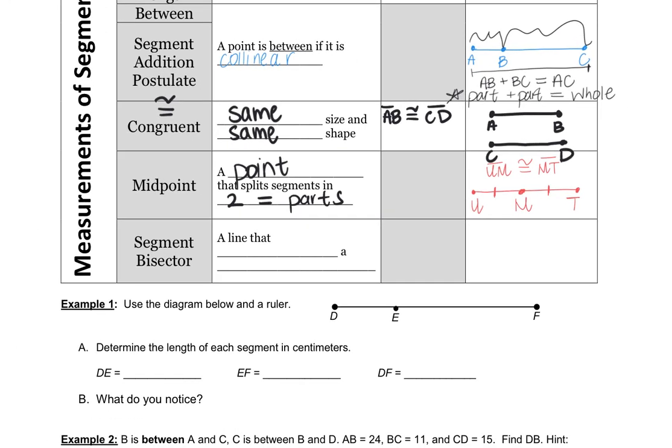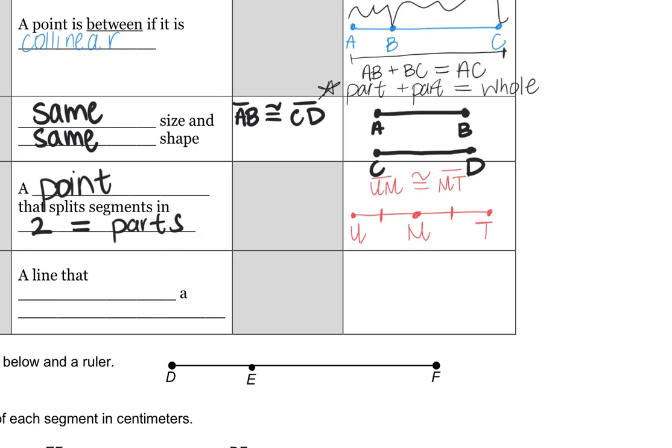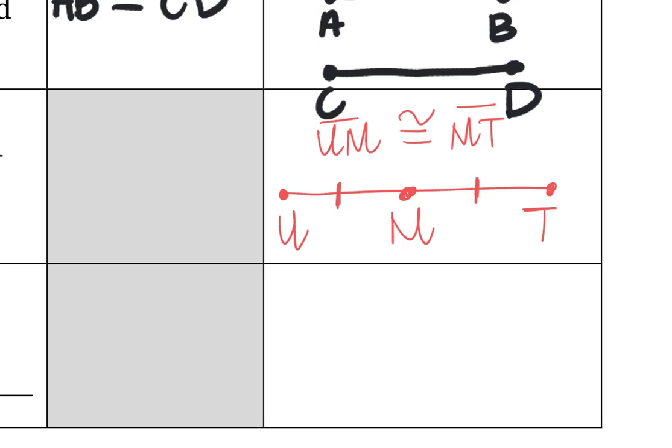All right. So, la siguiente definición, muy importante, la de punto medio. Eso es un punto que está cortando un segmento en dos partes iguales. Eso es lo que es un punto medio. So, yo en mi visual, yo empecé mi segmento de U a T. ¿Ok?